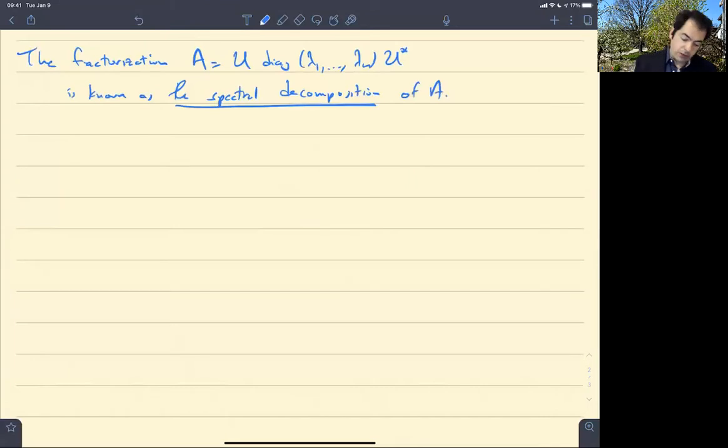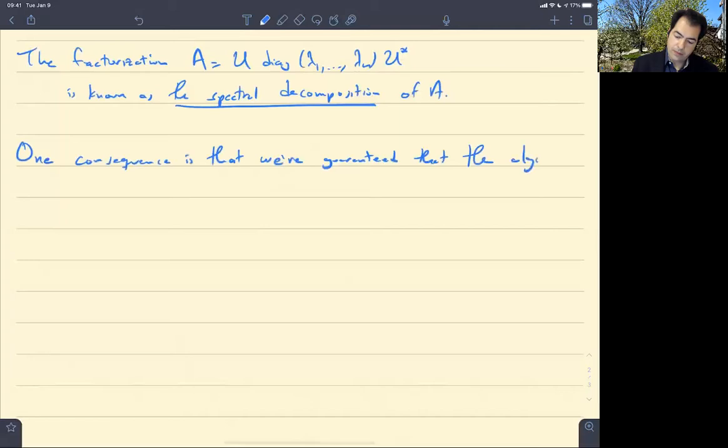One consequence is that we're guaranteed that the algorithm for the singular value decomposition of an arbitrary matrix will work.